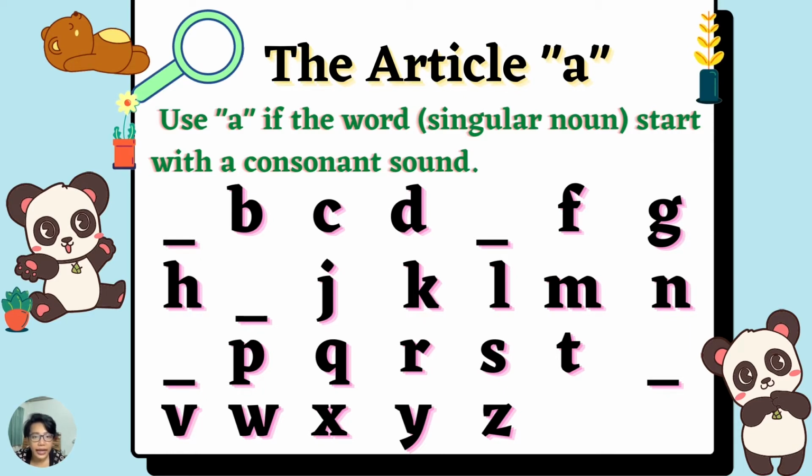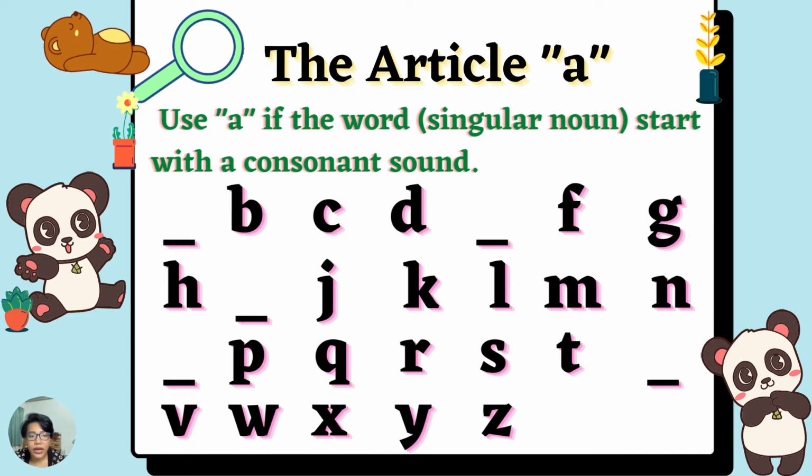So we use a if the word or singular noun starts with a consonant sound. There are 21 consonant sounds in English that we will use with the article a that you see. Let's take a look together.